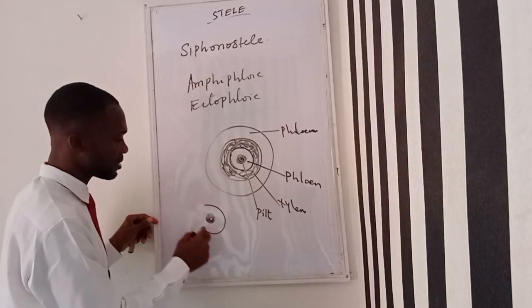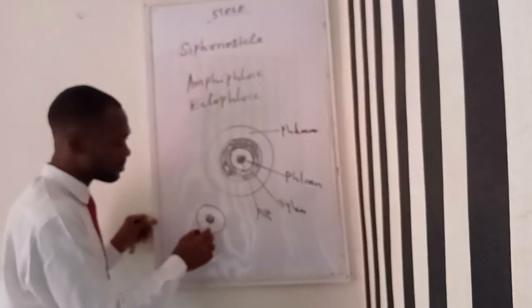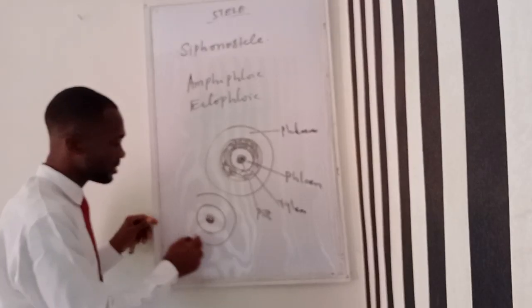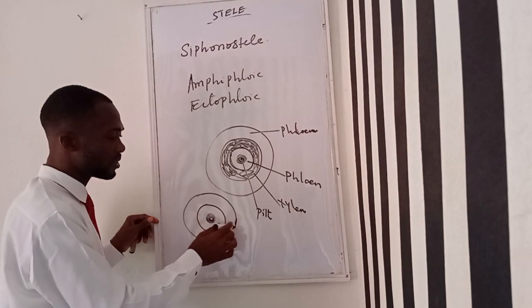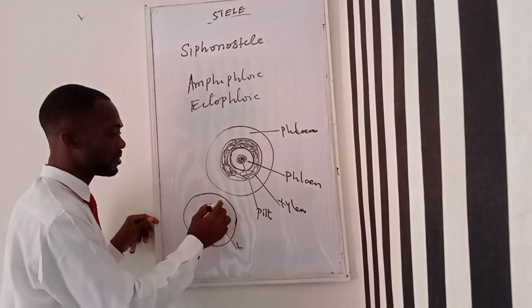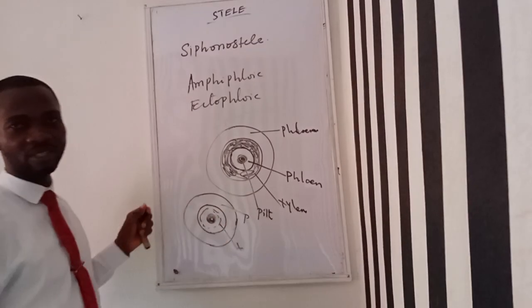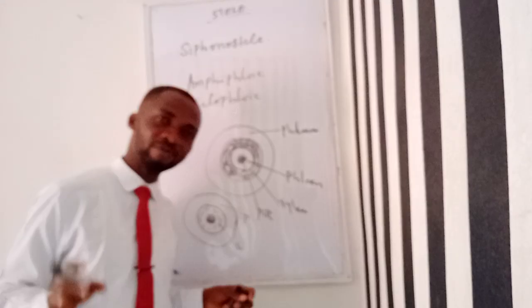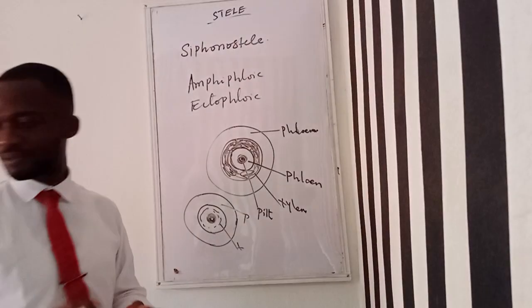Then you see this is the xylem surrounding the pit. You now see the phloem surrounding the xylem. So this is the phloem surrounding the xylem only on the outside, not on the inside. So that means that the vascular tissue that directly surrounds the pit, in the case of ectophloic, is the xylem, no longer the phloem. I don't know if this makes sense.